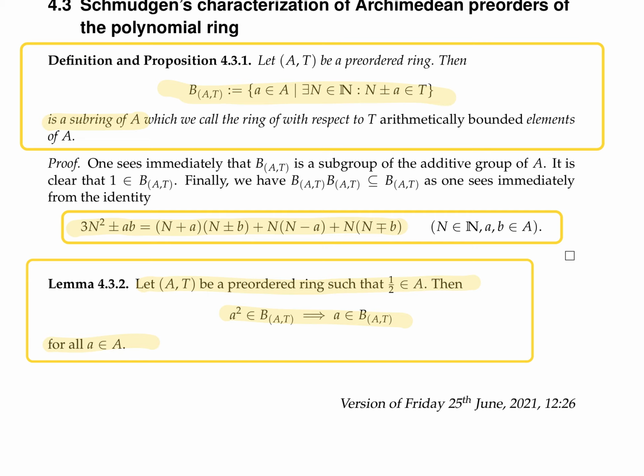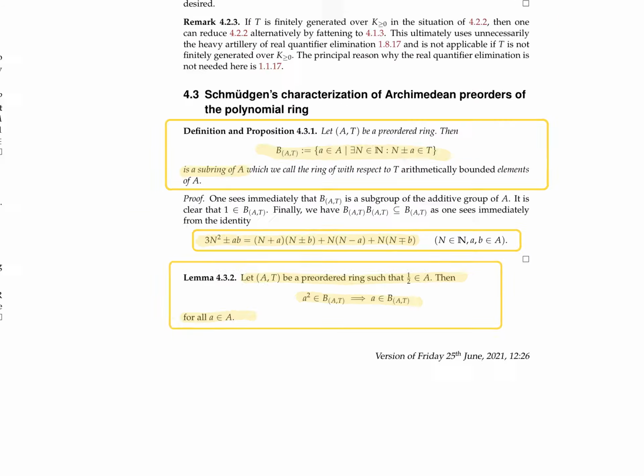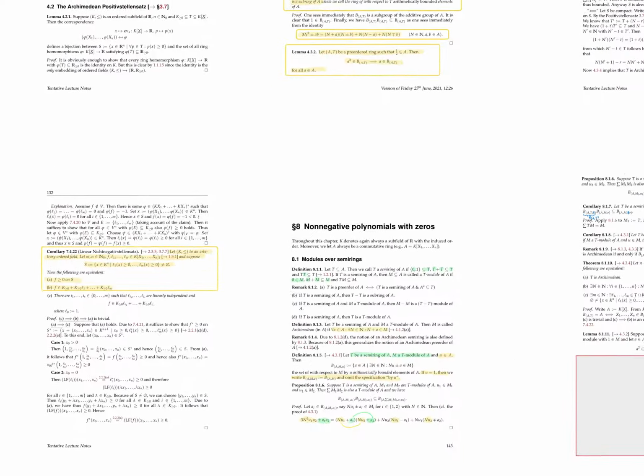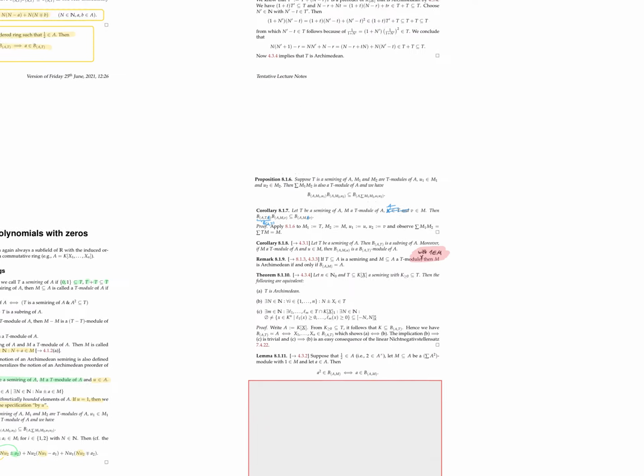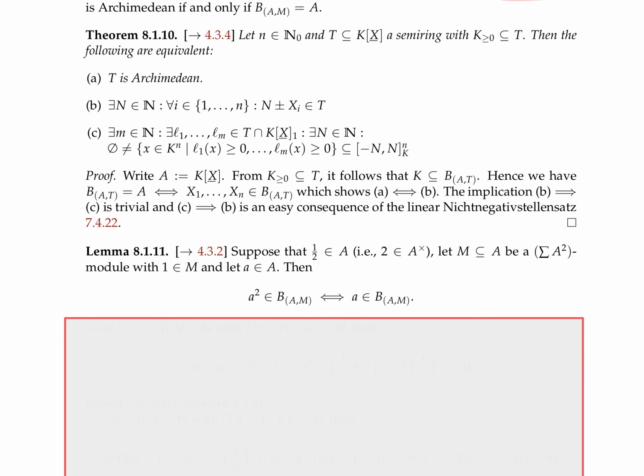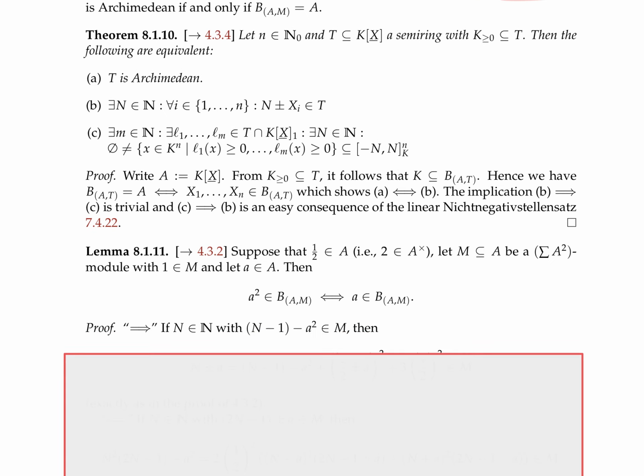But here also, by the way, we needed 1/2 lies in A, and we had also this implication that a squared is arithmetically bounded with respect to T when a is. So here we have now this much more general statement, and we have also the other direction, which in this case is also not completely trivial. But it's not hard.